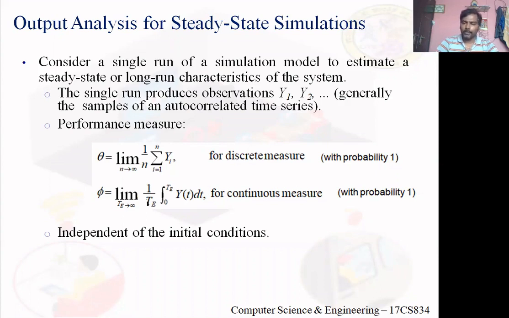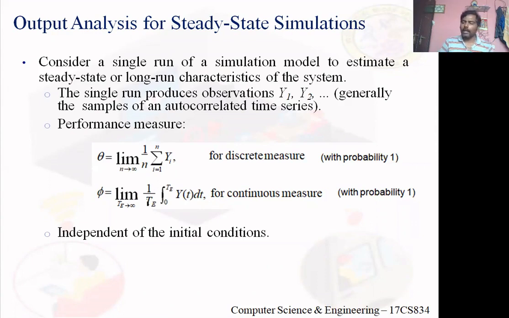Of course, we will start the simulation at time 0 with some initial conditions and some input streams, but we'll make it run for some time, until my clock reaches t0. When the clock reaches t0, we feel that the system has reached a steady state, some stable state.